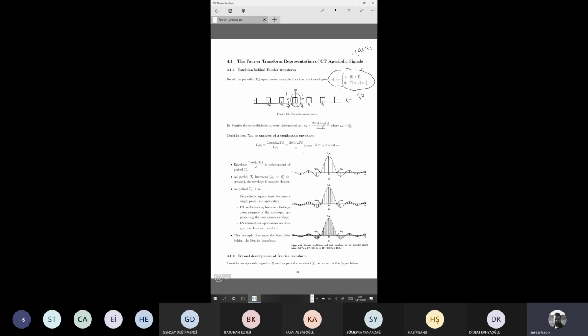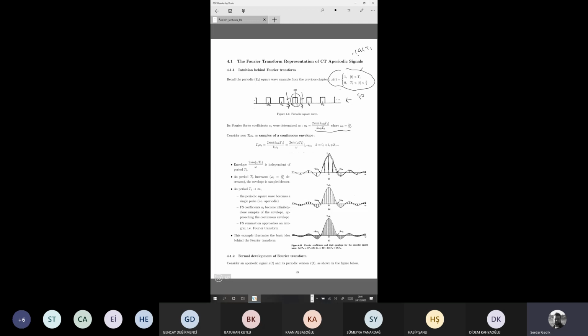If you remember the Fourier series coefficients a_k, we calculated them for this signal in the previous chapter. Now consider the continuous envelope. I have those a_k here, and there is this continuous envelope going through the tips of those a_k coefficients.